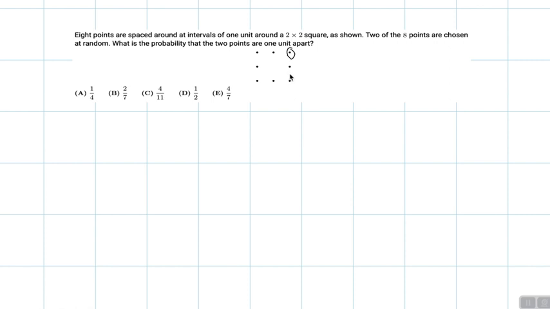So then we choose that, and then there's 7 points here. There's a 2/7 probability that they're 1 unit apart.